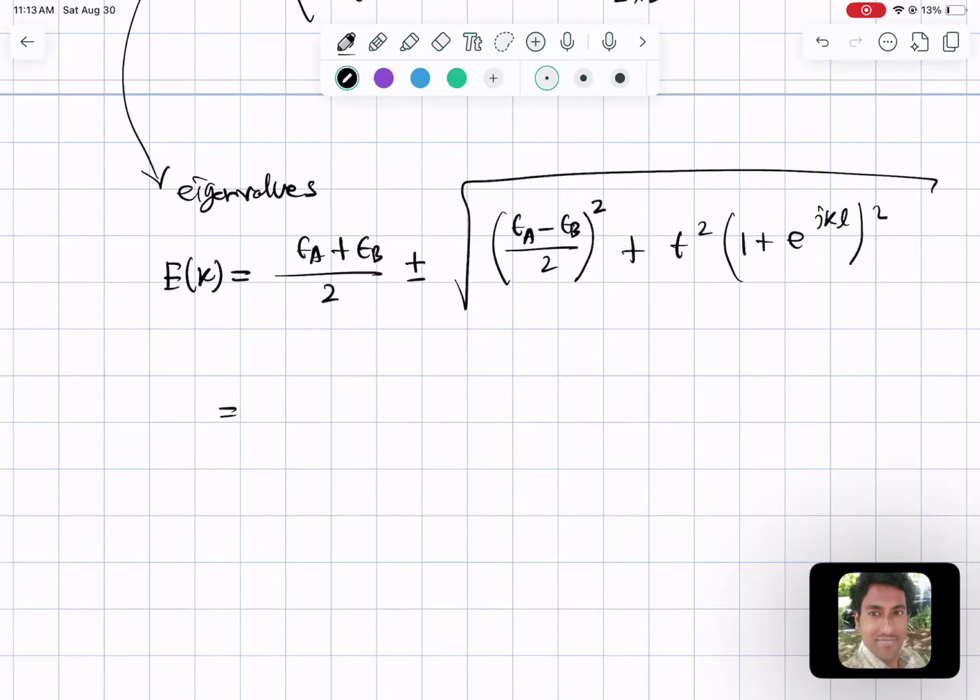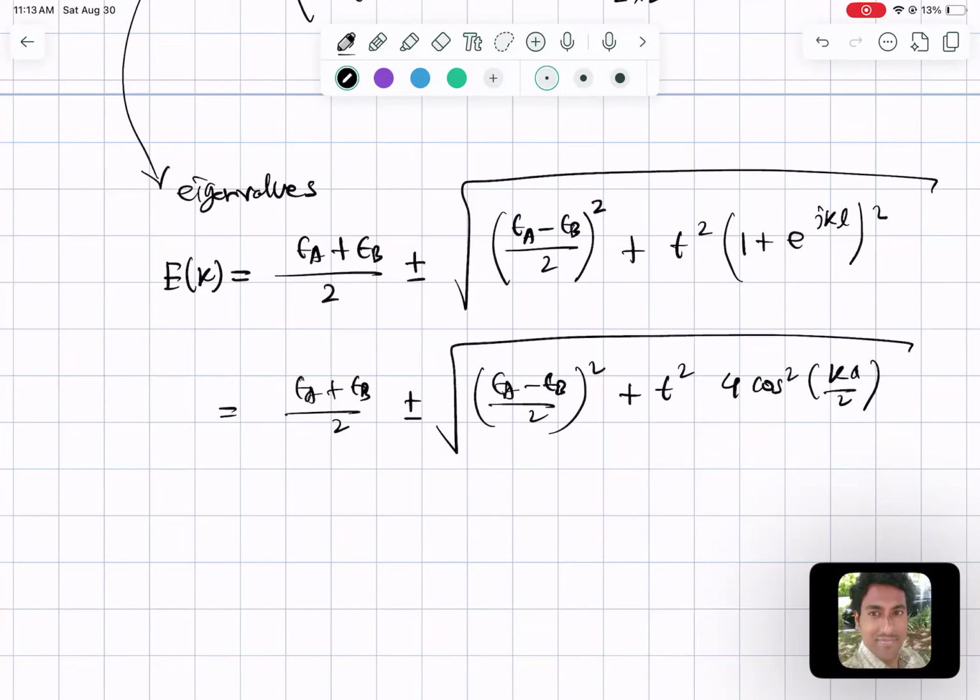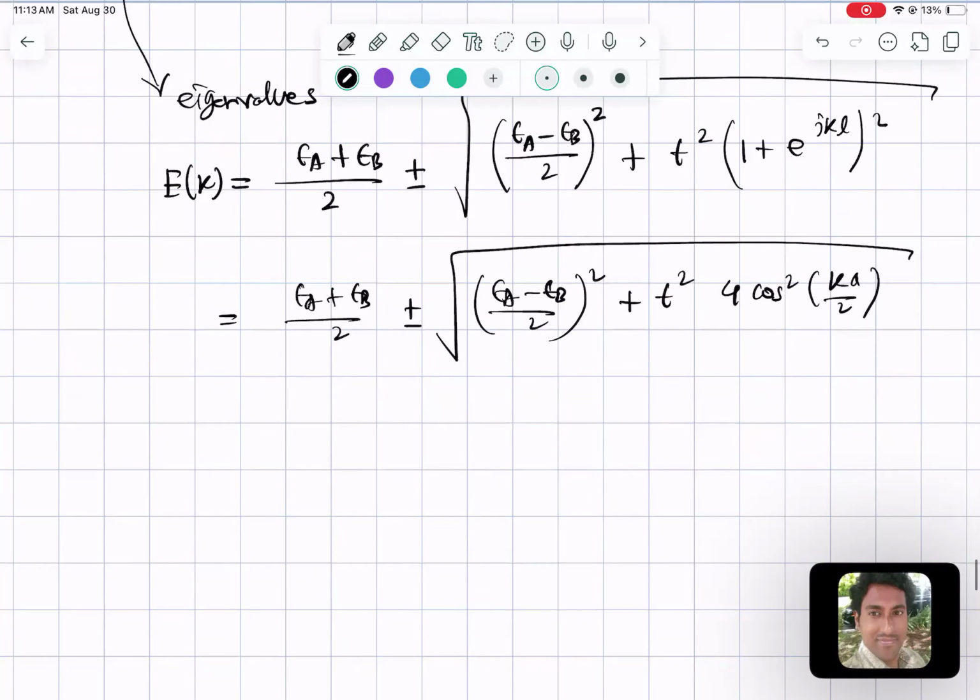So it looks like a constant, say (epsilon A plus epsilon B) over 2, plus minus the square root of ((epsilon A minus epsilon B) over 2) whole square plus T squared 4 cosine squared Ka over 2, right? So we have two bands, two eigenvalues, E plus and E minus of K.